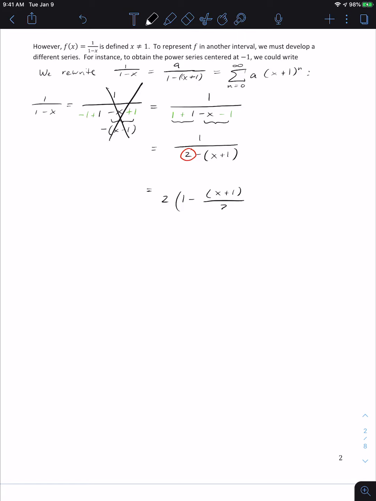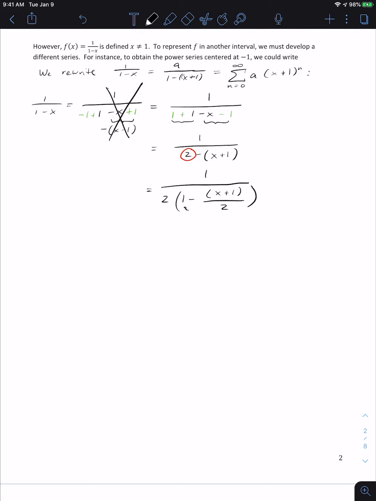What do I need to multiply 2 times x plus 1 over 2 by in order to get x plus 1 by itself, right? To kind of go backwards, right? Because then if I distribute, I'm back up into the previous step, right? Okay, so now I have almost what I want, right?